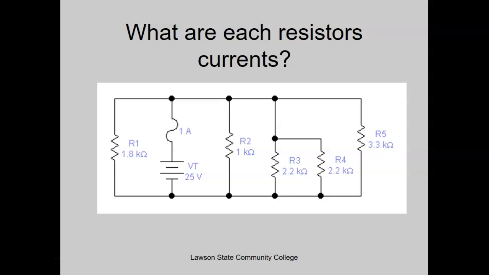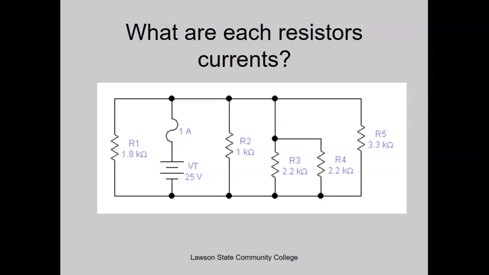So we have 25 volts at each resistor. Okay? 25 volts to each resistor. So what is my current at R5?